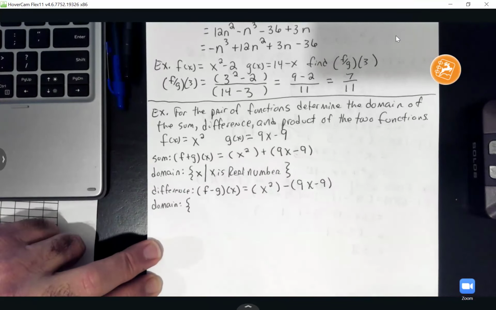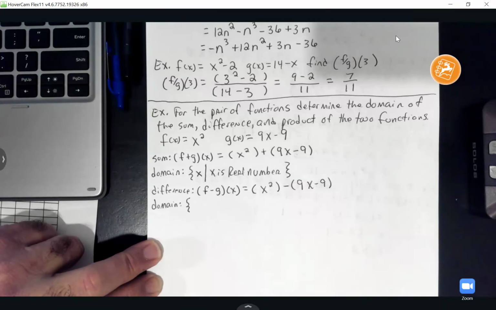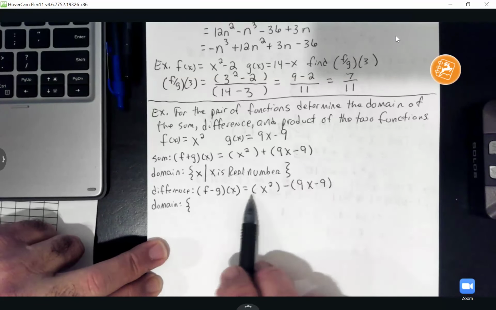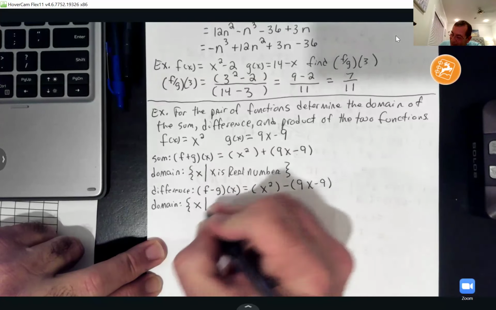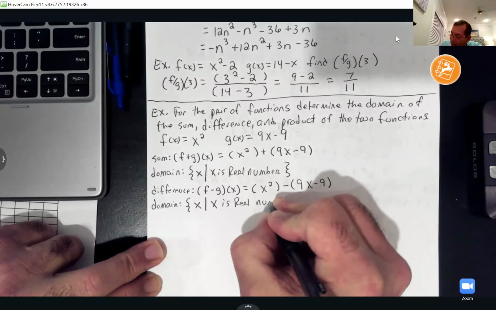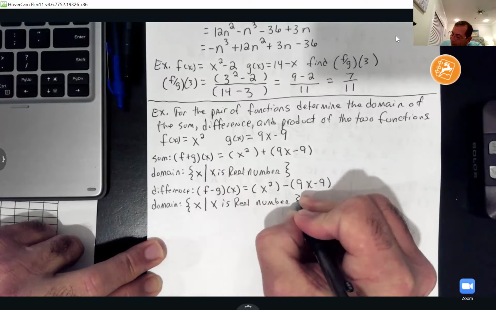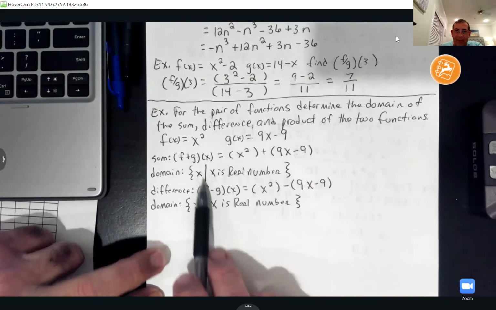Well, y'all, I still don't see a certain thing here. Yeah, it's all real numbers because we have no fractions to worry about. So x such that x is a real number. So notice, adding and subtracting always got the same domains.